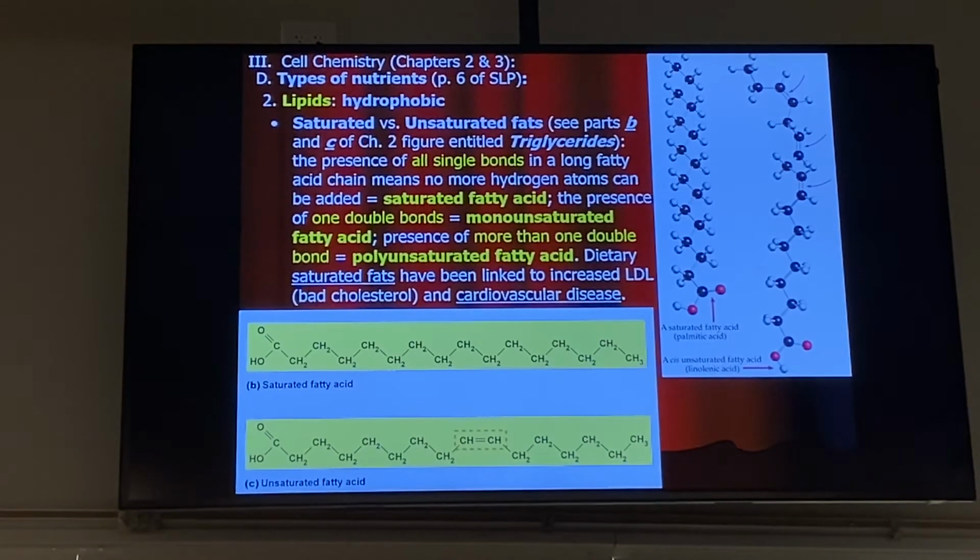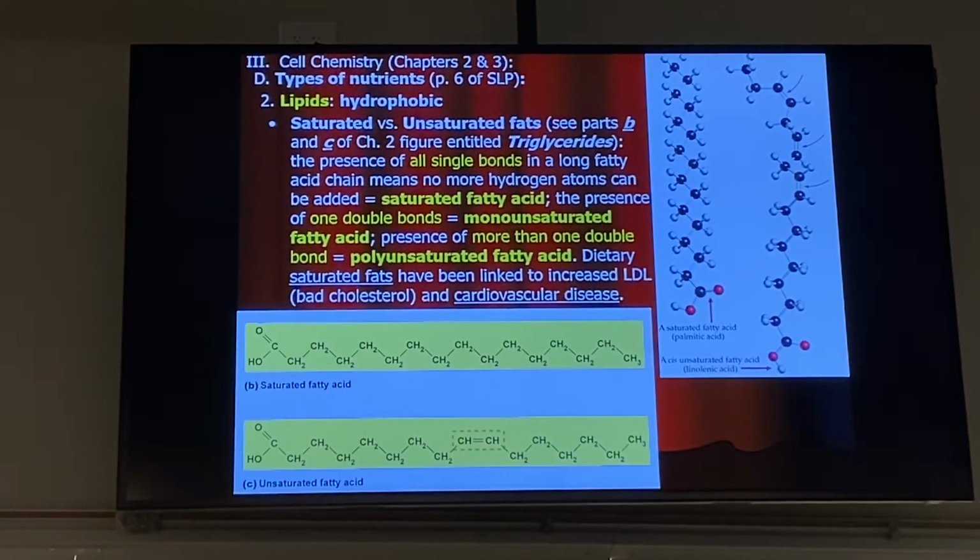But the reason why it's called a fatty acid, you're gonna see this later, so I may as well show you now, is on one end of this thing, you have what's called a carboxyl group. And this carboxyl group tends to lose this H. When that H plus goes into the solution, it turns it acidic.